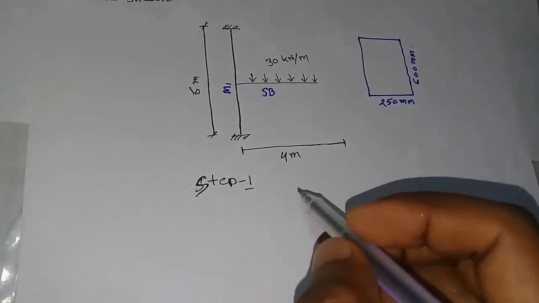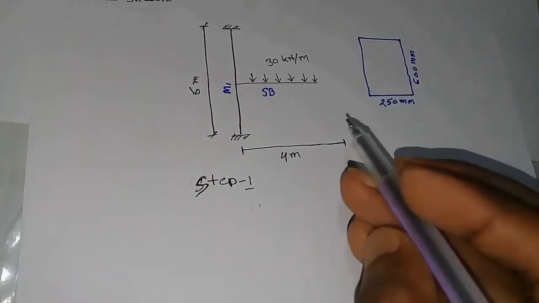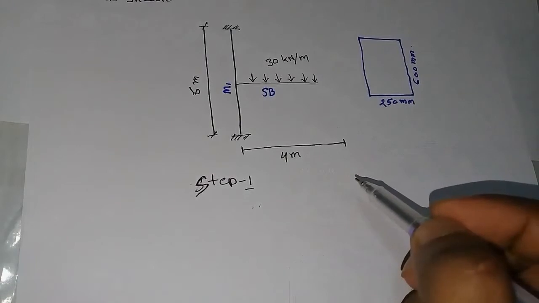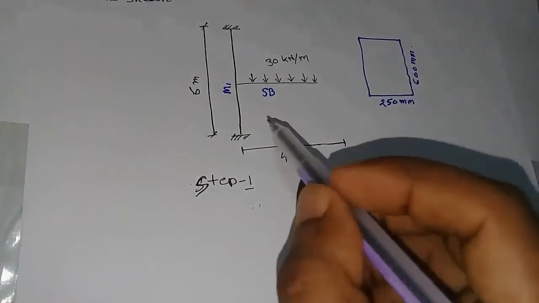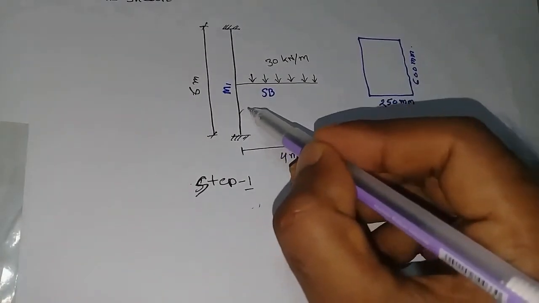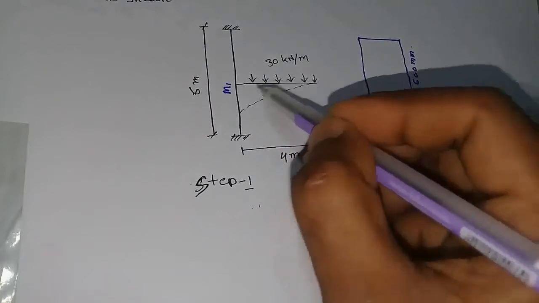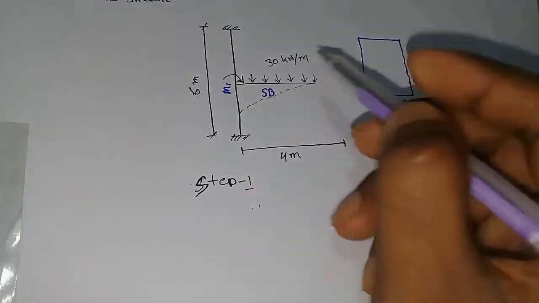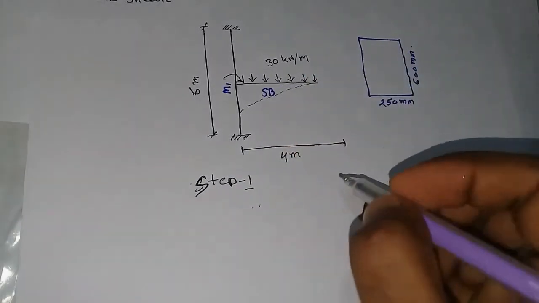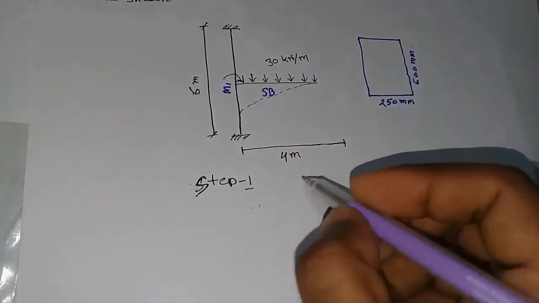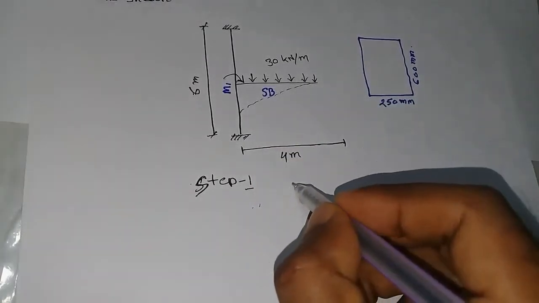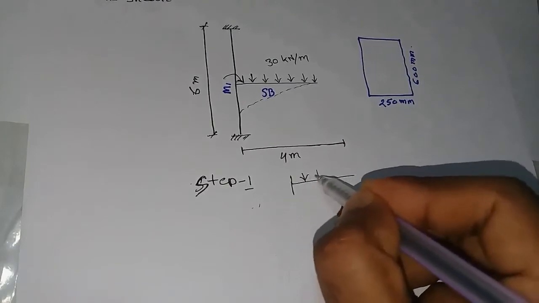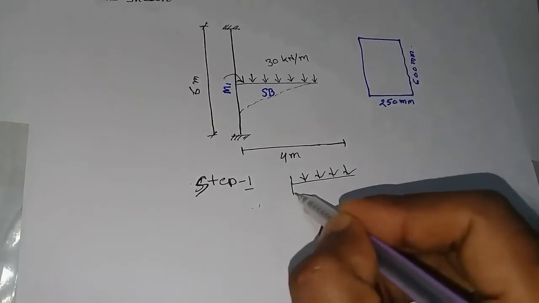Step 1, we analyze the beam section and find out the design torsional moment. Here the negative bending moment creates the torsion. Find out the negative bending moment. Here the negative bending moment is like a cantilever.